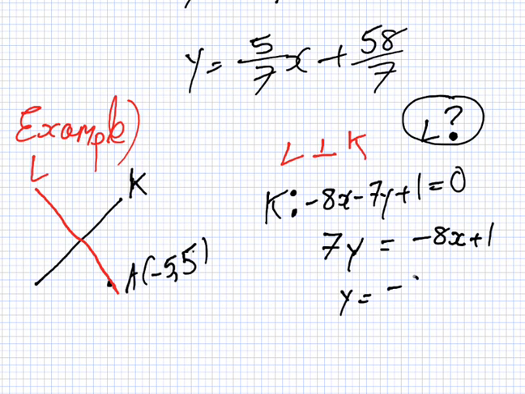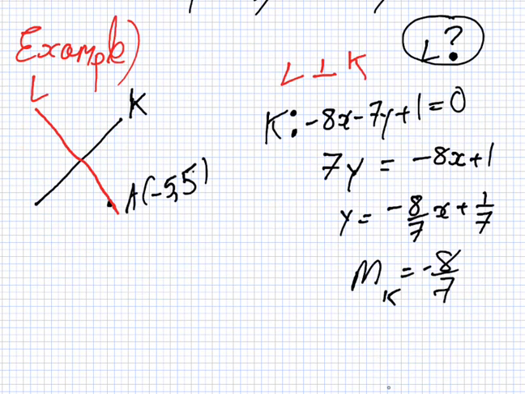So y is minus 8 over 7x plus 1 over 7. So the m here is minus 8 over 7, but that's the m for line K. Oh yeah, here it is here, minus 8 over 7.